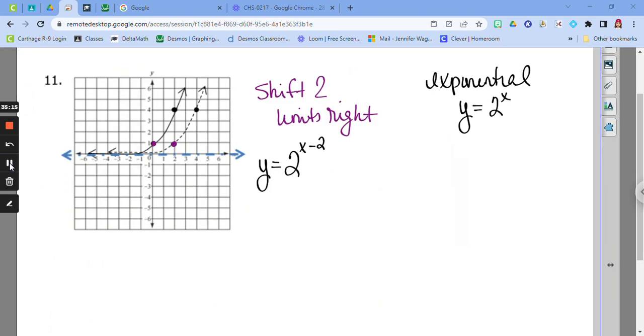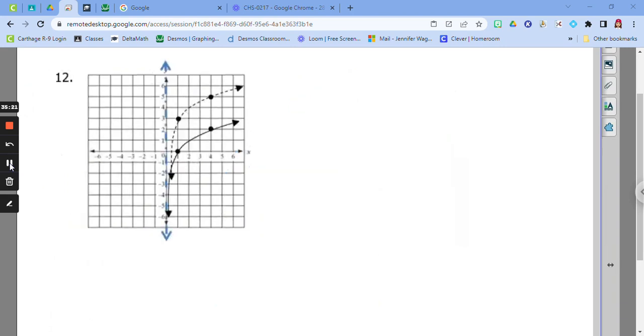So the next one is a logarithm. This is also a base 2. Did the curve change at all? And here's how I know. From one point to the next, they're directly over each other. They haven't shifted anywhere else. They're in that same position.